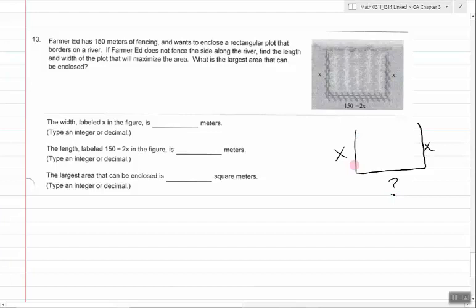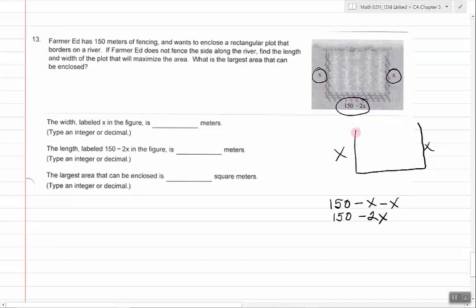I know that the total of all three sides is 150 meters. I'm going to take off an X, and I'm going to take off another X, and whatever's left over is this side. So this is 150 minus 2X. That is this side.